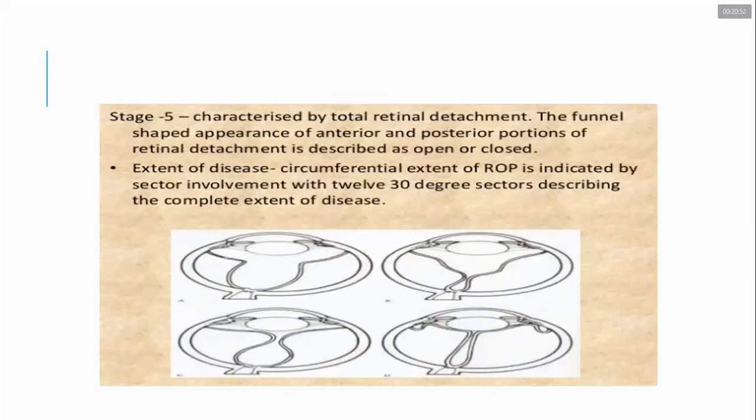Stage 5 is characterized by total retinal detachment and a funnel shape. The extension of the anterior and posterior portion of the retinal detachment is described as an open or closed pattern. So the extent of the disease, the circumferential extension of ROP, is indicated. So you can remember in stage 5 it is just the total retinal detachment. Stage 4 is subtotal and stage 5 is total retinal detachment.